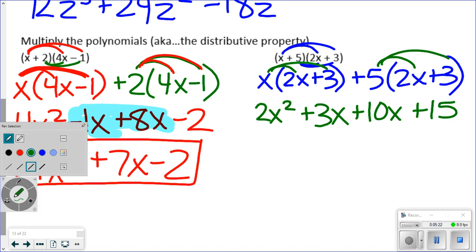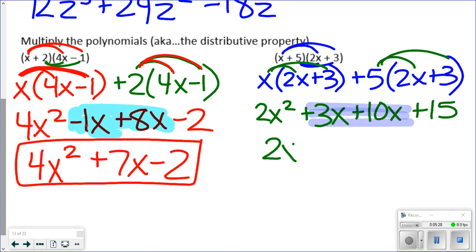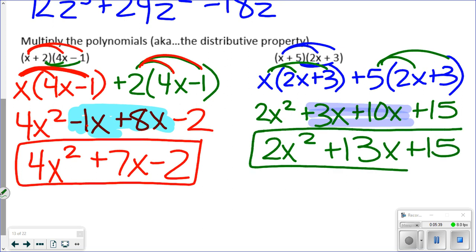Then if I'm looking, I have like terms right here. So I'm going to leave my 2x squared. 3 plus 10 is 13x plus 15, and that's our final answer.